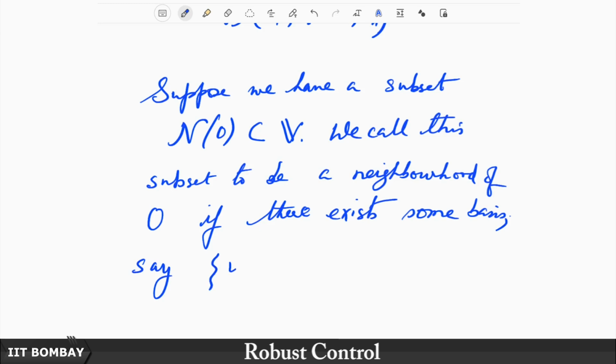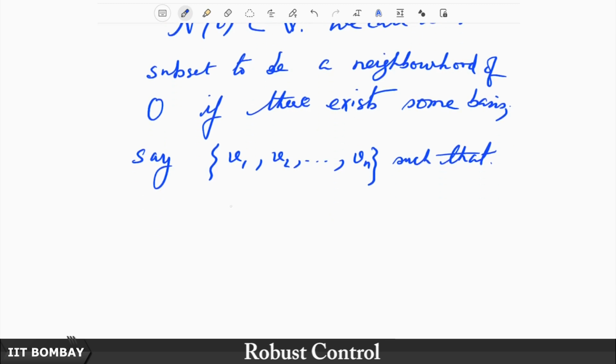say V1, V2 dot dot dot till Vn, such that the unit ball defined in terms of that particular basis, I am not writing this, I am just saying it out loud in words.